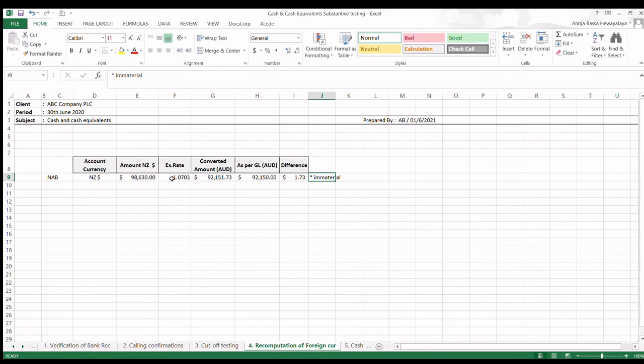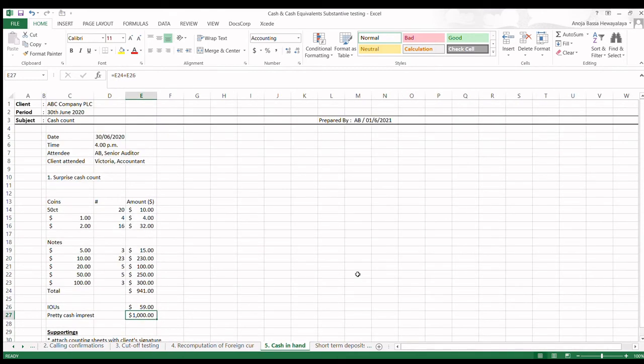For example, if they are using an accounting system, the accounting system suggests an exchange rate, and in our audit procedures we are using a reserve bank exchange rate, so there may be a slight difference. As long as it is not material, we can ignore that.